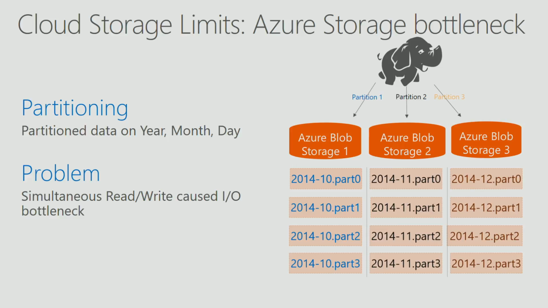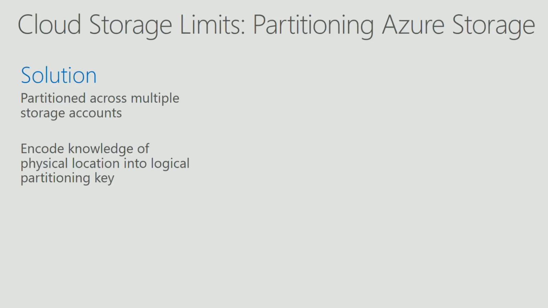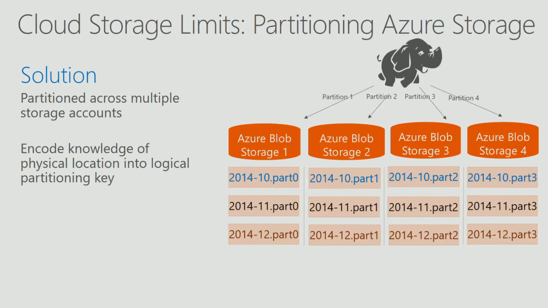The reason is that even if it has to read the same partition, all of them have to go to the same storage account. So what worked was actually putting the different parts of the same partition across the different storage accounts. In the last one, partition 0, parts 0, 1, 2, and 3 were all in Azure Blob Storage 1. Here, we sharded it across the different storage accounts. This worked, but it's a lot of work because you also have to change your query. So no one wants to do that.